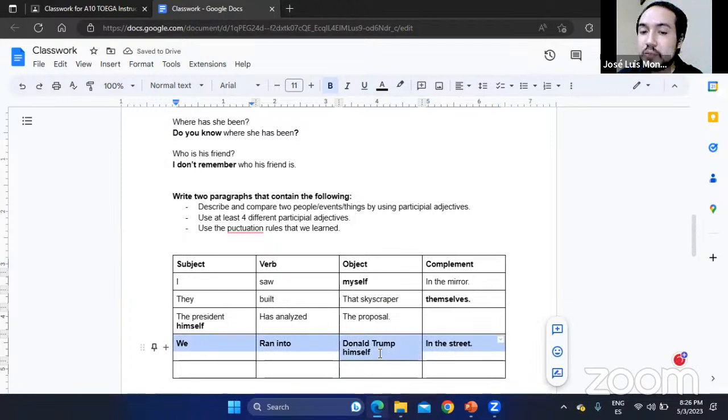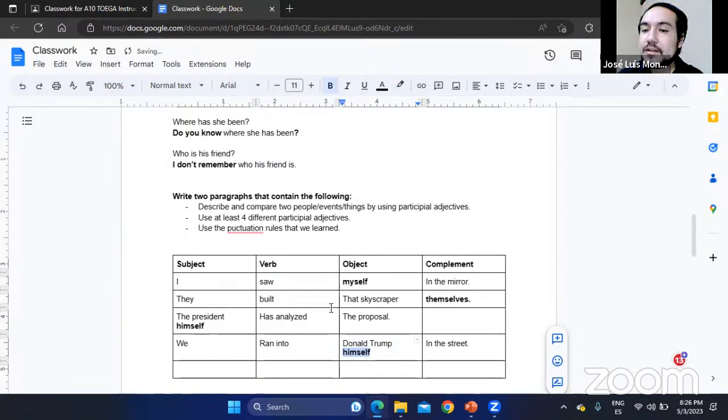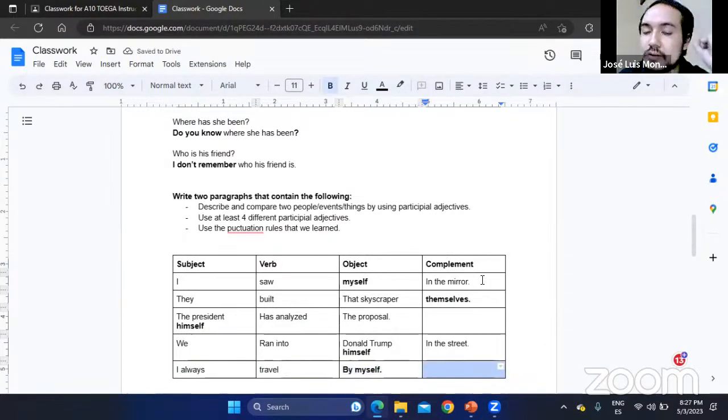It was really him, and I'm putting emphasis on that idea. And finally, by, right, when it means alone. So we can simply say, I always travel by myself. Right? It's not impressive, it's not different, it's something that I always do, but I'm just saying that I do that alone.